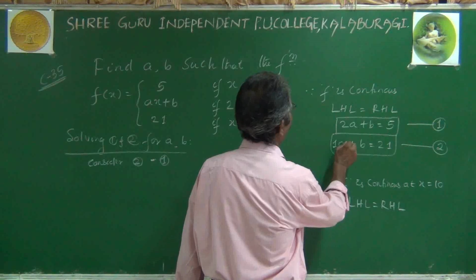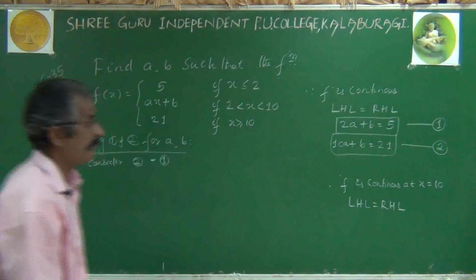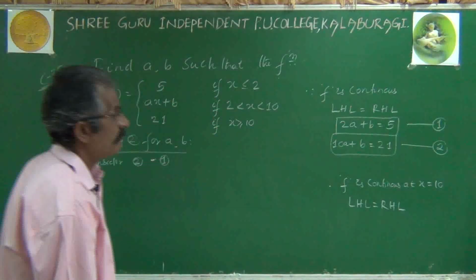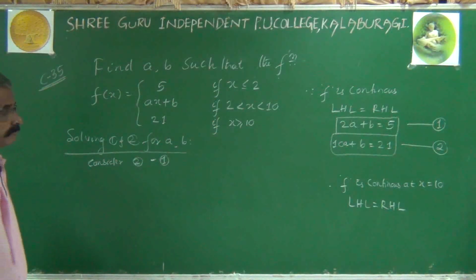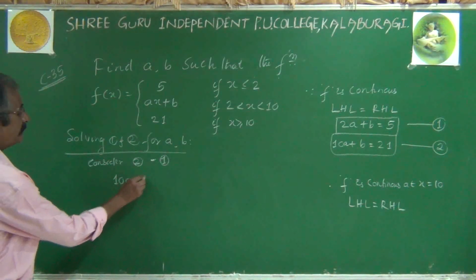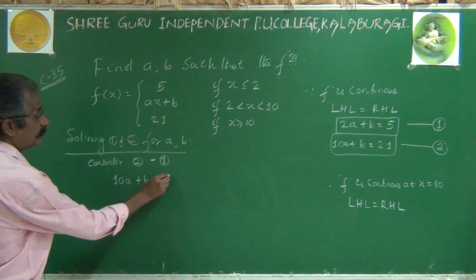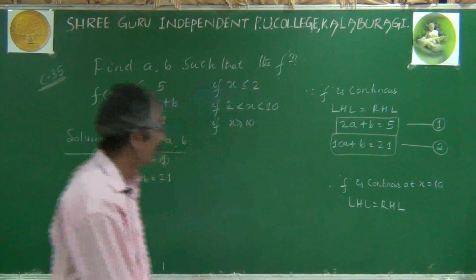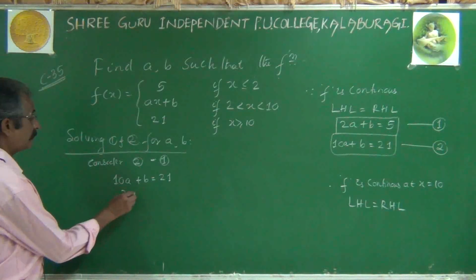What is equation 2? 10a plus b equals 21. What is equation 1? 2a plus b equals 5.